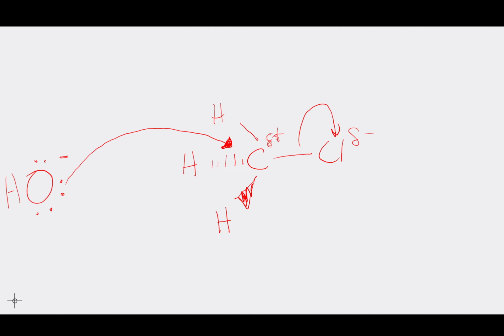And let's look at what happens here. Within this type of reaction, it's only one step. So we're not going to have an intermediate that it reacts with in order to have that type of reaction. So everything happens at once. While the chlorine is leaving, the hydroxide is coming in, right?